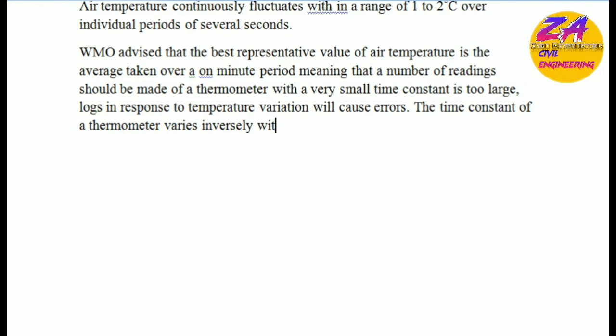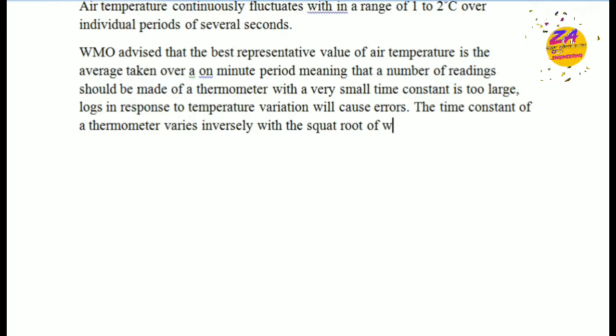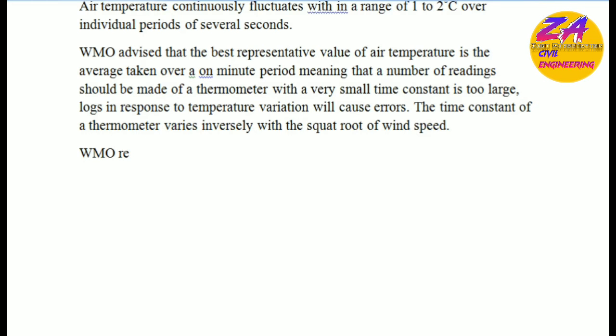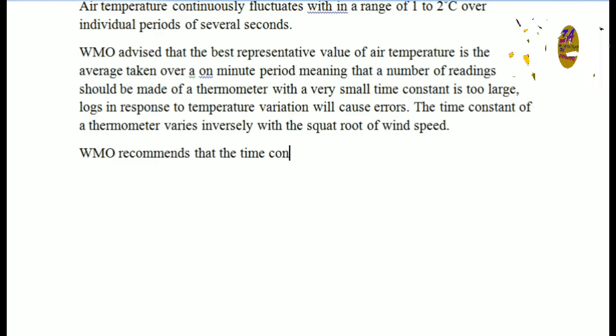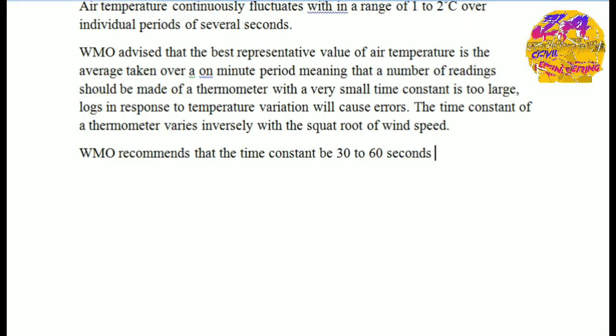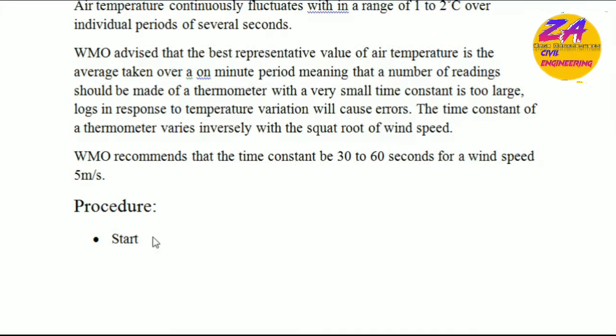The time constant of thermometers varies inversely with the square root of wind speed. WMO recommends that the time constant be 30.